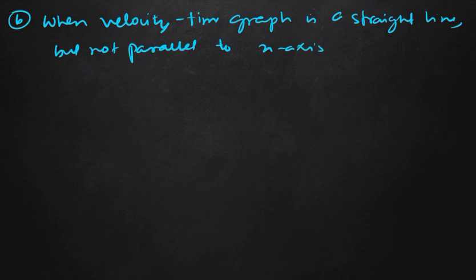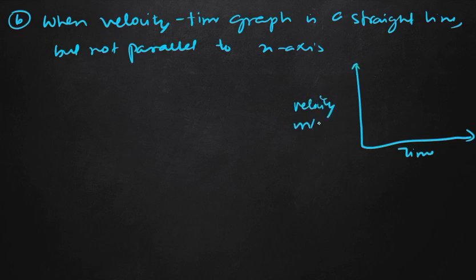So how will the graph look? Along the x-axis it will be time, and along the y-axis it will be velocity, measured in meter per second, and time in seconds. So this will be the case.